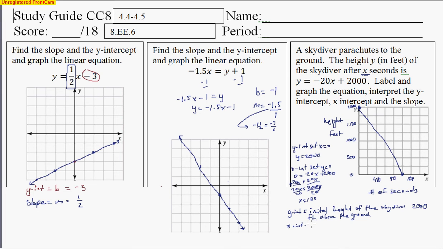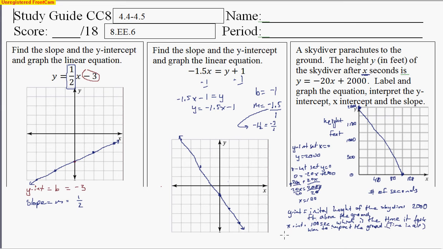So the x-intercept is 100 seconds, which is the time it took him to impact the ground. So the time in air is another way to think of that.